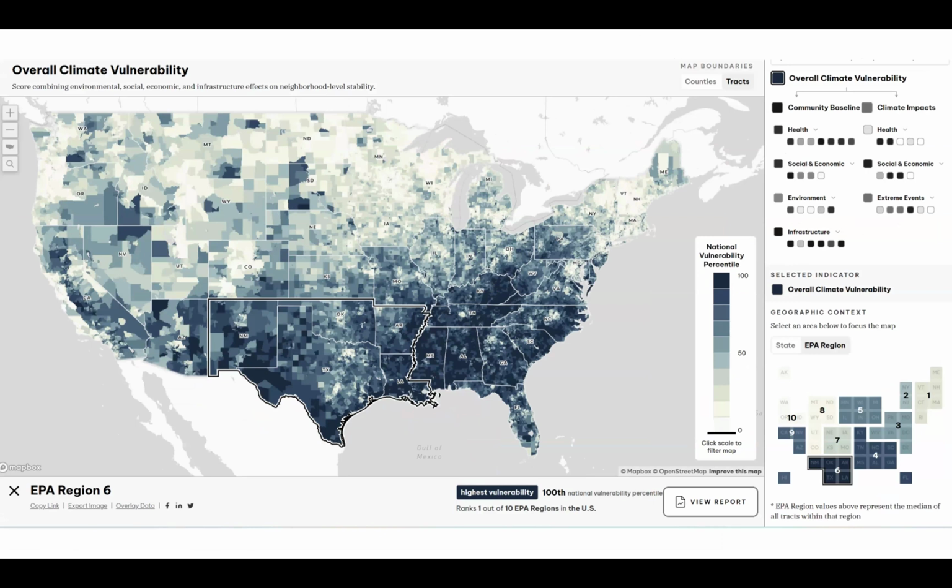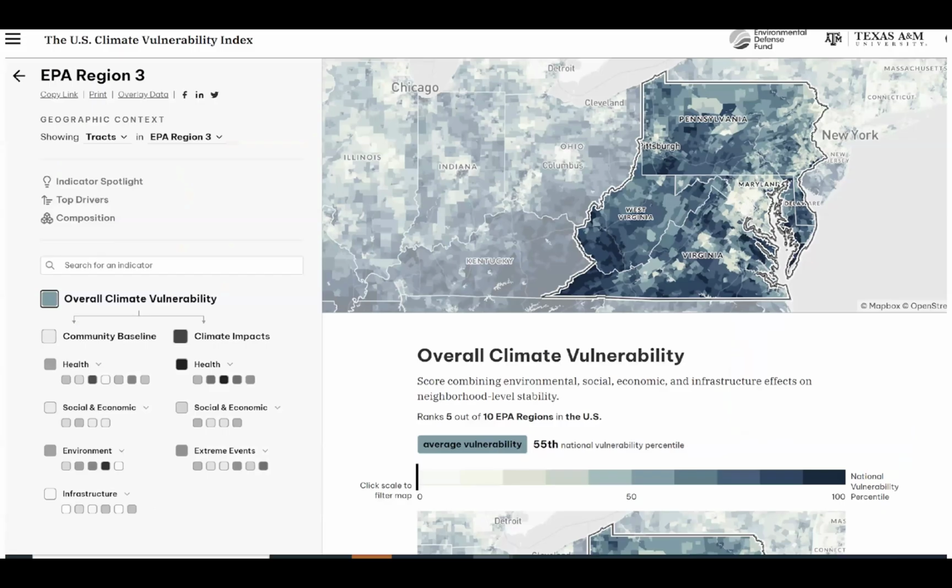Region 6 is ranked number 1 compared to the others when we see the overall climate vulnerability index. This means they average the values for those statuses in region 6, and when they compare it with the others, it's the highest. So that's why they say it's number 1 ranked in EPA regions.